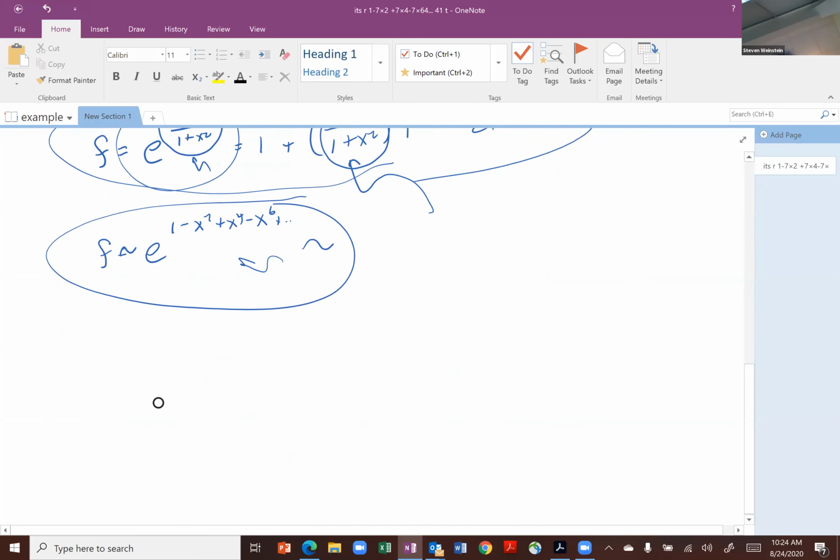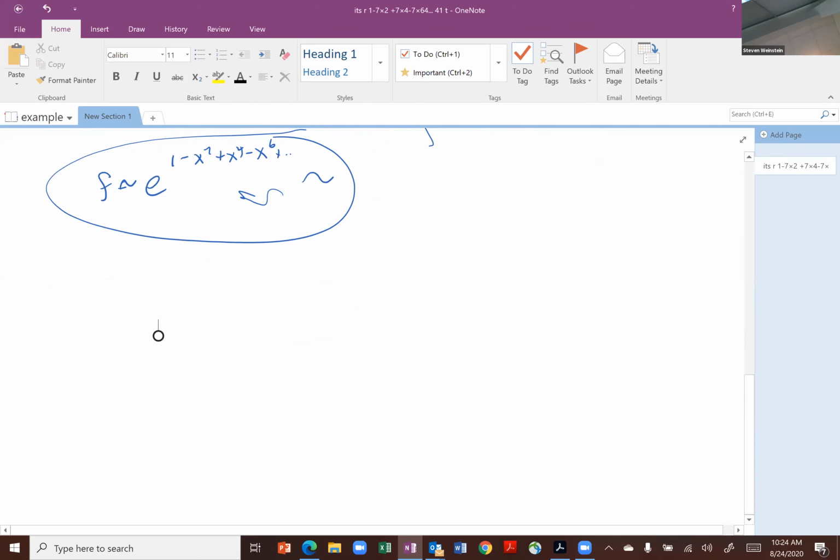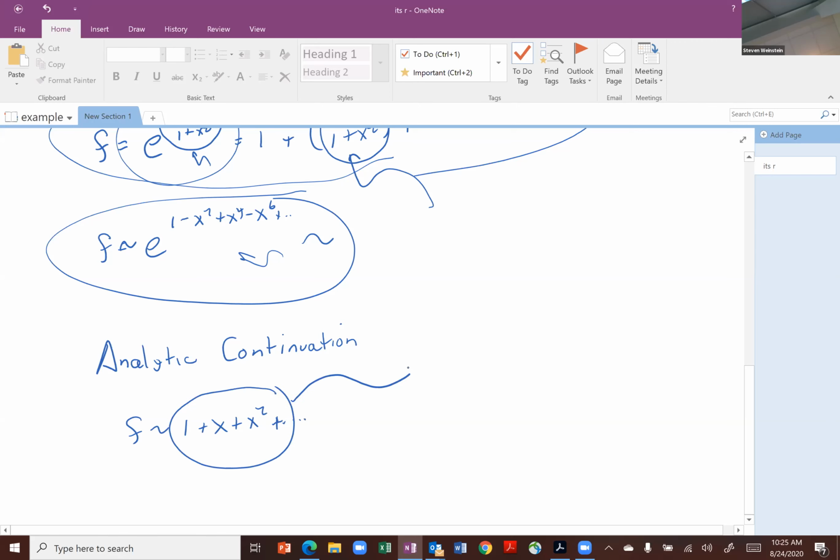So what we're really doing is that you can look up another thing called analytic continuation. If you give me any series and I only give you a few terms in the series, there's an infinite number of ways that you can actually continue that series by trying to anticipate the fourth or the fifth term.